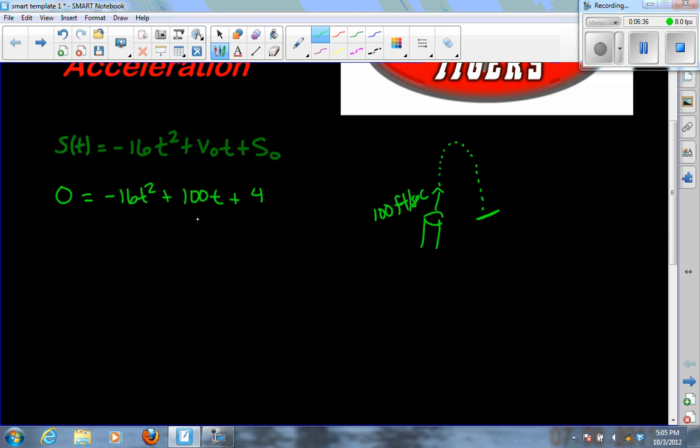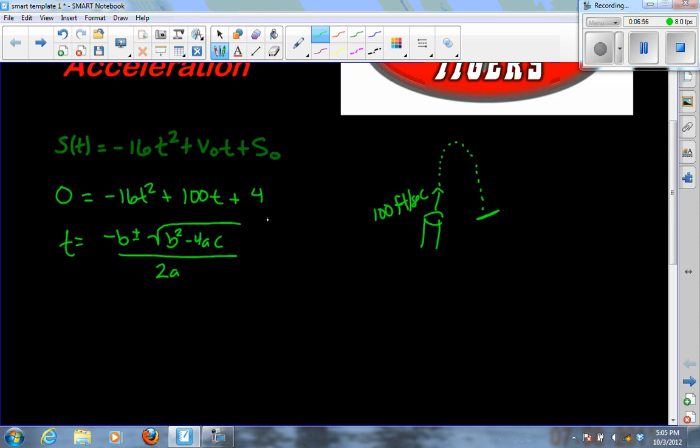There are two ways to solve this. You could either factor this, if this will factor, or you can use the quadratic formula. So time equals negative b plus or minus the square root b squared minus 4ac all over 2a. This is the quadratic formula.